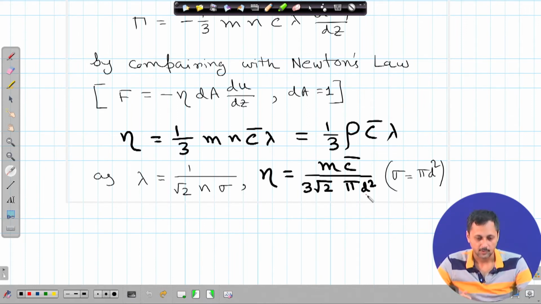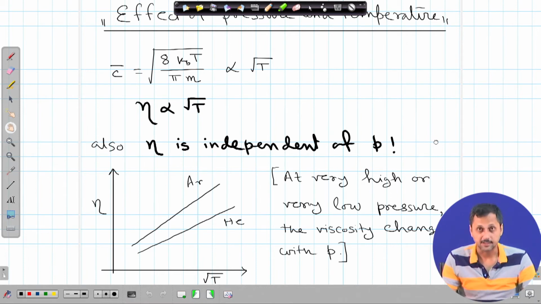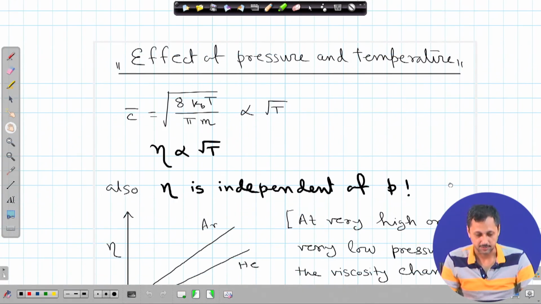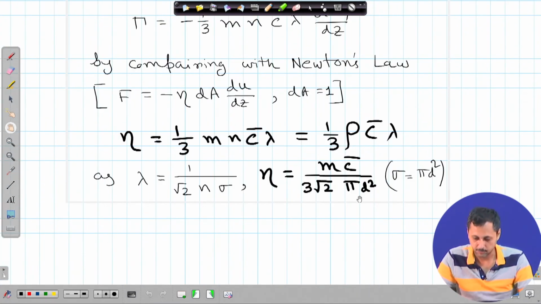Right. Now, let us discuss the effect of pressure and temperature on the coefficient of viscosity. So, let us go back to this expression once again. We see in the bottom expression down here, m is a constant, and d is a constant, given that we are talking about a given molecule.